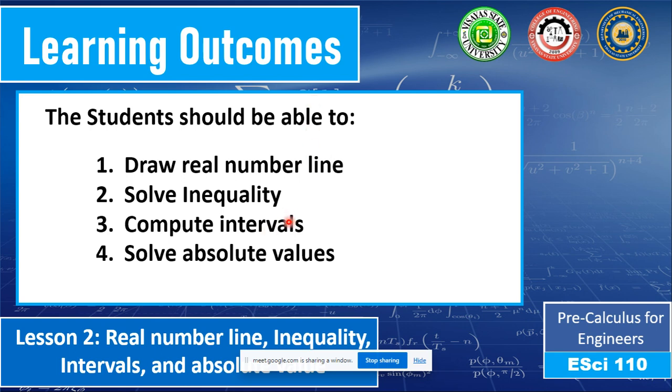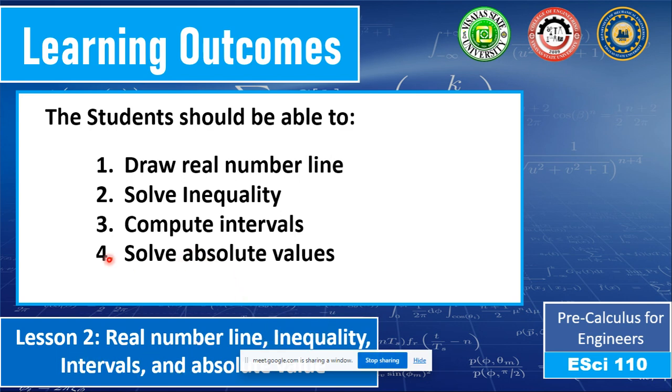So for lesson 2, okay na class, are you still following me? Okay, so for lesson 2, we are going to talk about the real number line. Since we already know what is a real number and what are the types of real numbers, we are going to talk also about inequalities, intervals, and absolute values. So these are important.